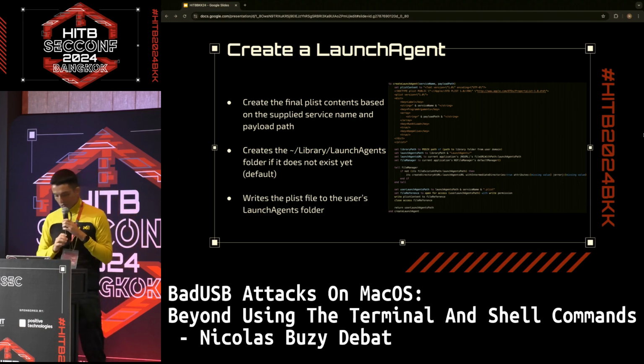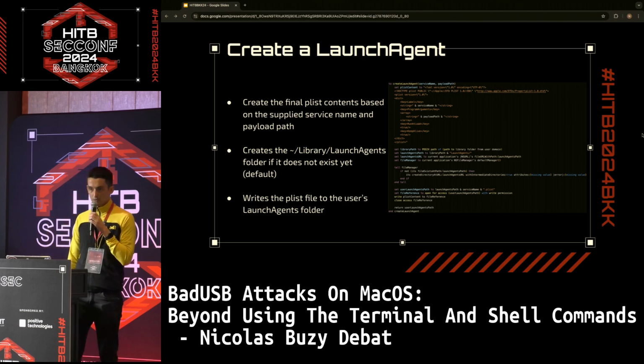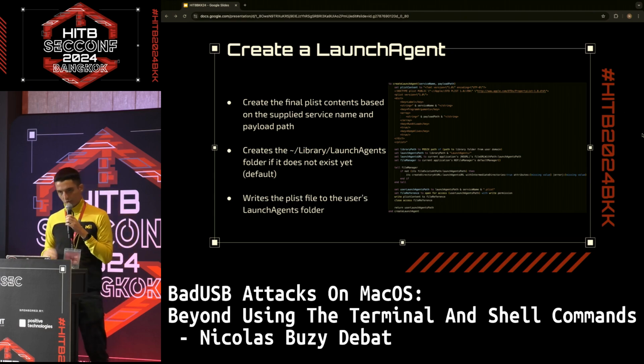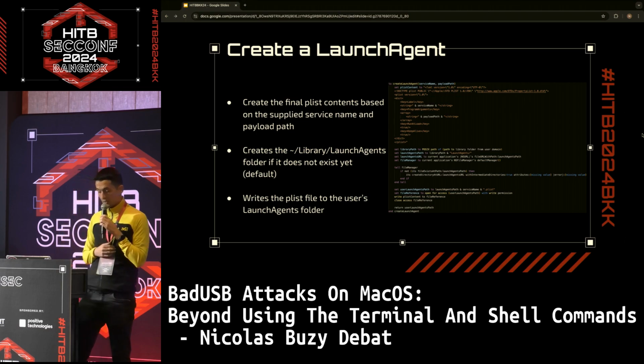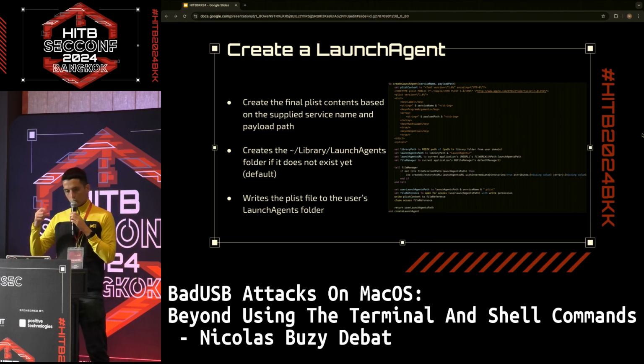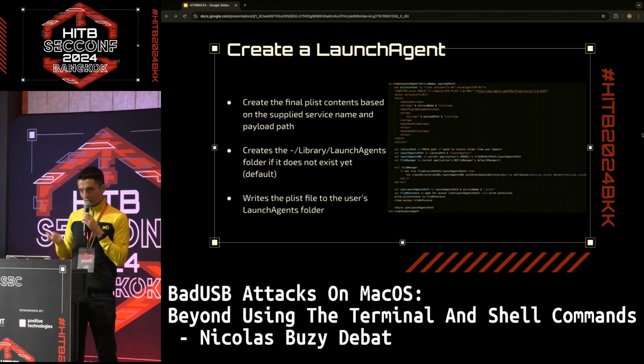So let's create a launch agent now. Launch agents are a persistence mechanism on macOS. It's pretty common actually. They are plist files, standing for property lists, and use XML syntax. We can drop the plist file into a designated location.